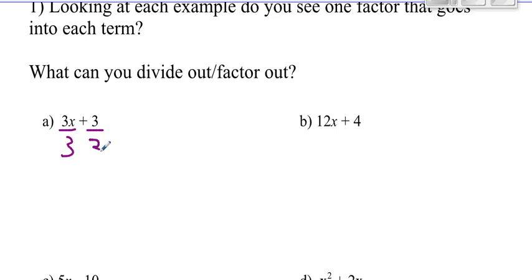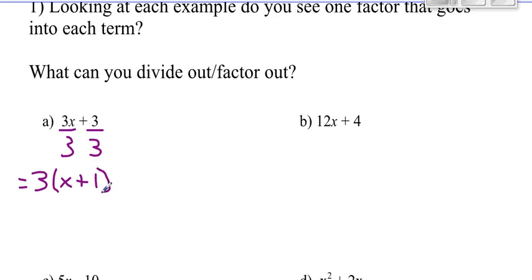So I come down to my next row, put a 3 in front of my bracket. I am common factoring out that 3. Now 3x divided by 3 gives you x, so you're just left with the x. Your plus sign goes in. 3 divided by 3 here leaves 1, and I close my bracket. So my common factor is 3, bracket x plus 1, close the bracket.